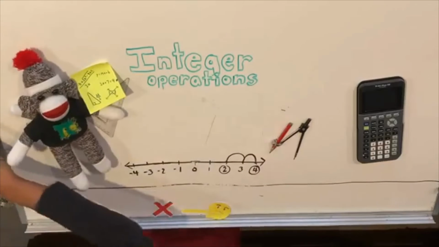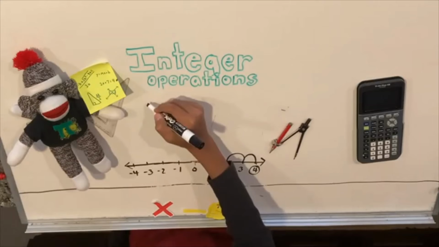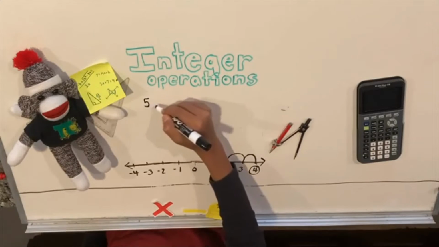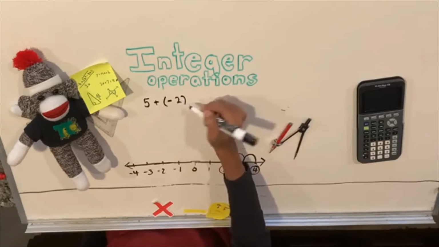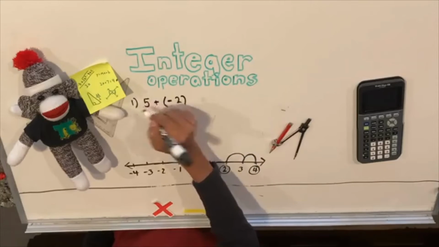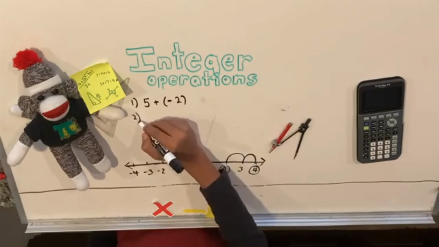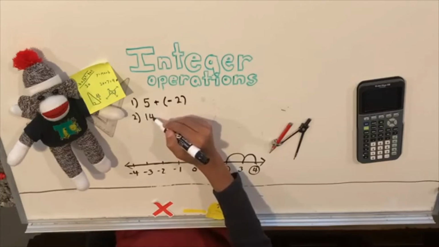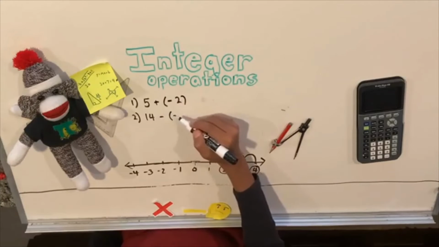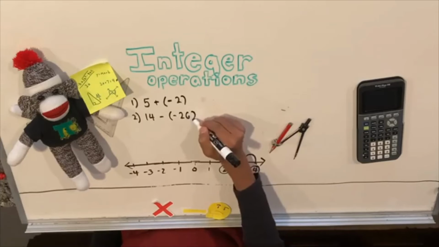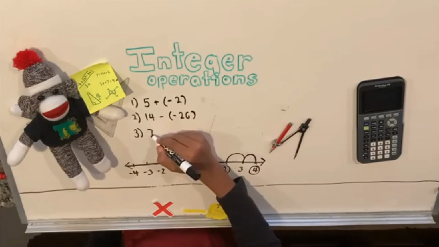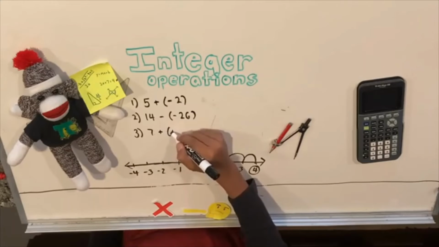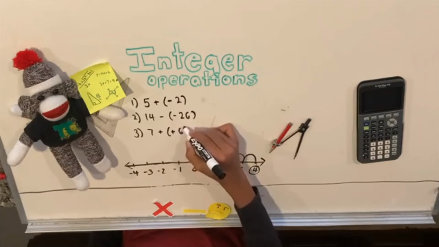Okay. So our first problem is going to be 5 plus negative 2. Our second problem is going to be 14 minus negative 26. Our third problem is going to be 7 plus positive 6.